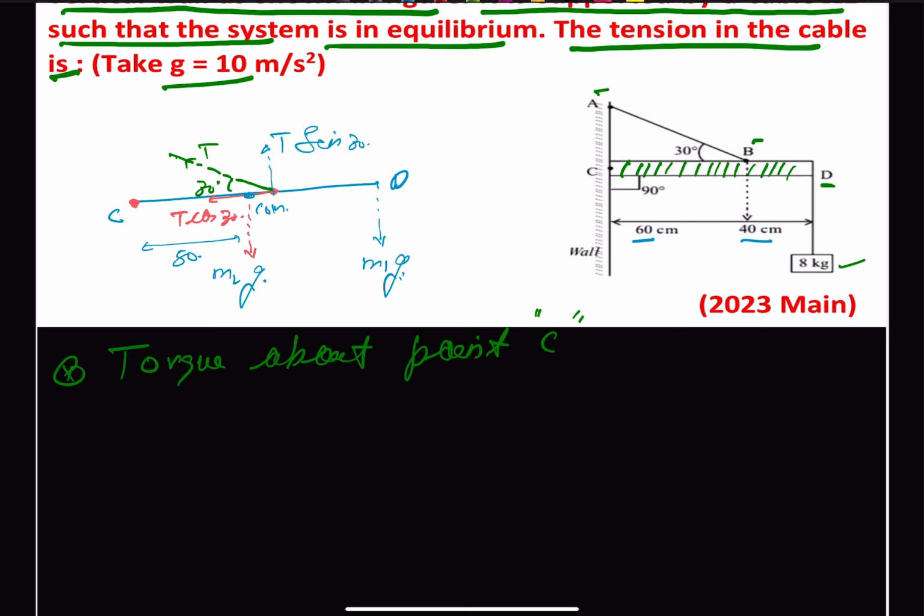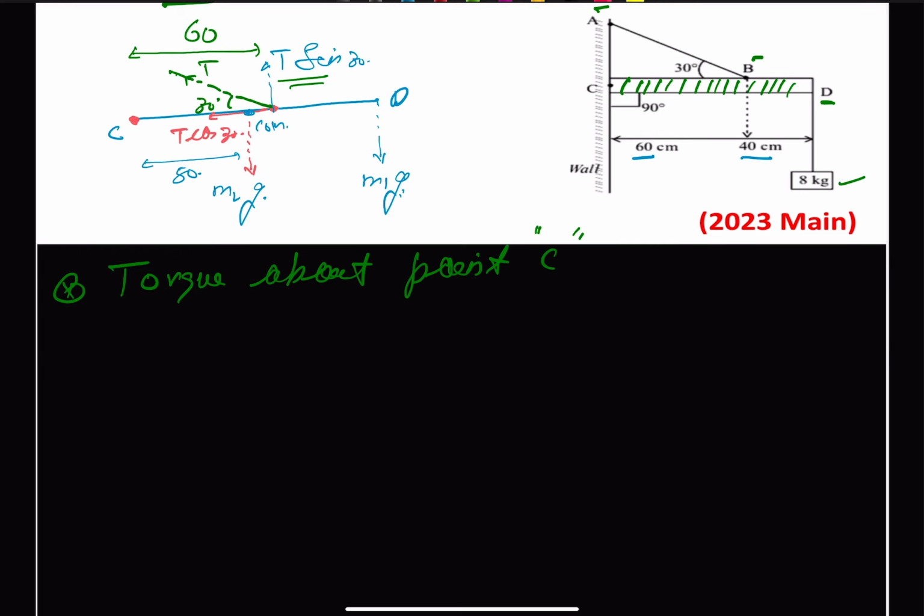So in the upward direction, we are only having one force, that is T sine of 30, and it is at a distance of 60 from point C. So this is our 60 centimeter. Therefore, we can write T sine of 30, that is the force, multiplied by the perpendicular distance, that is 60, will be equal to, in the downward direction we have two forces, m1g and m2g.